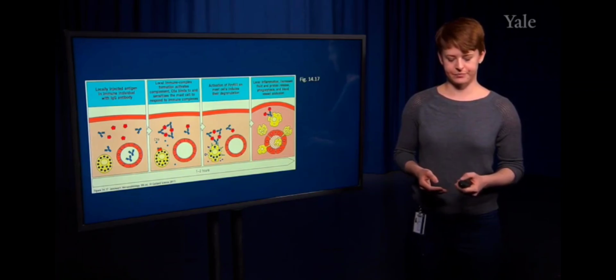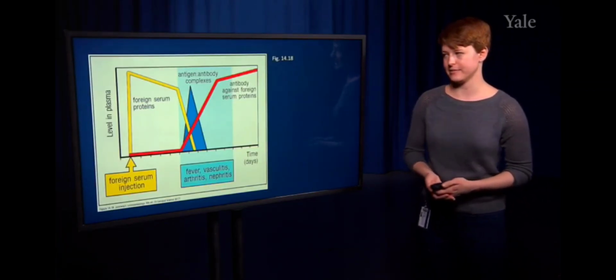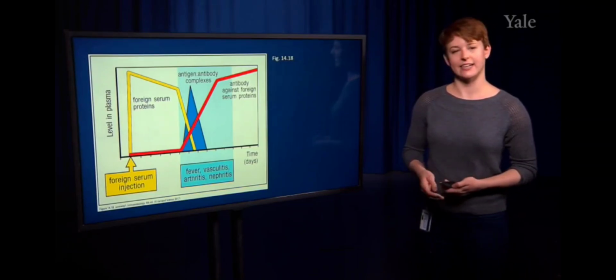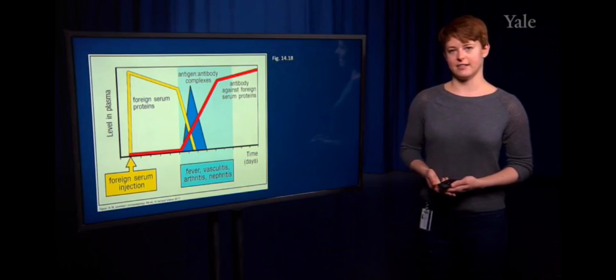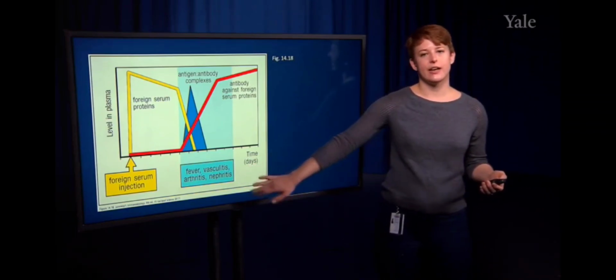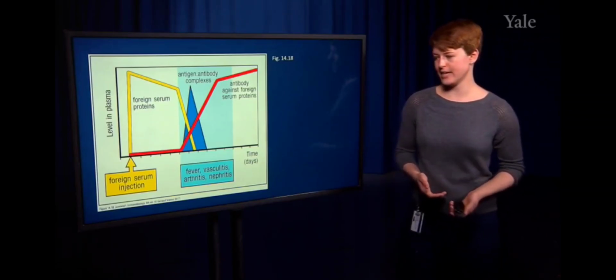Here we see a graph of the timeline of serum sickness. The yellow line shows the amount of foreign serum. When this is injected, that goes up. Then there's a formation of antigen-antibody complexes, and this can lead to a fever response or vasculitis, vascular inflammation, or arthritis or kidney problems.